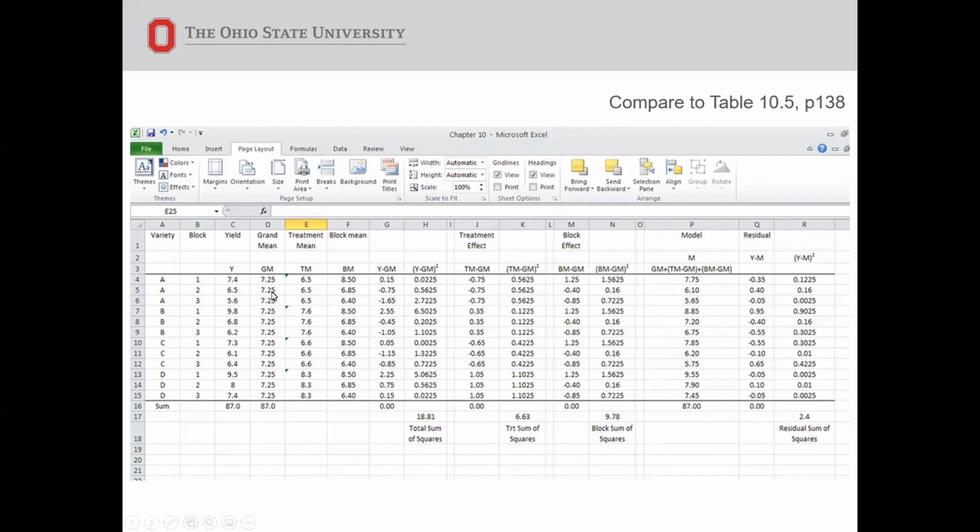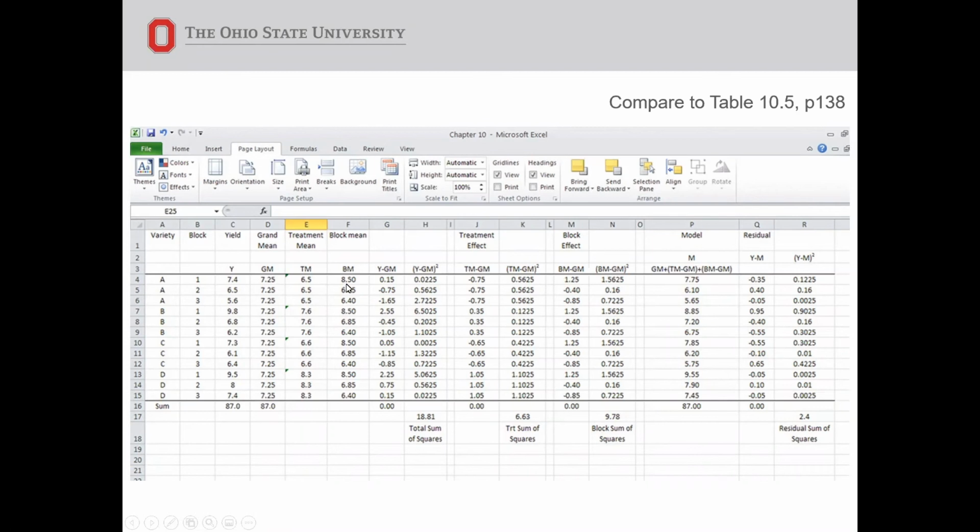This is the experimental mean. The treatment mean is the mean of these three values. The 7.6 is the mean of these, the 9.8, 6.8, 6.2. Likewise, the treatment mean for C, 6.6, the treatment mean for D, 8.3.